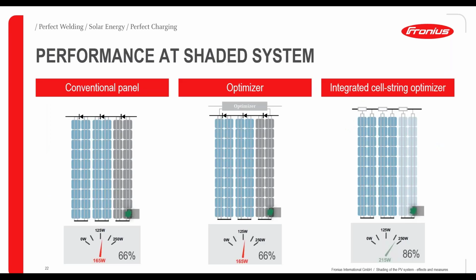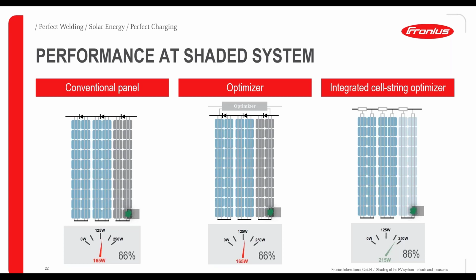Yeah, and I quickly want to also take it in comparison now for you. We have here 3 systems, and we now want to check the performance at shading. So on the left-hand side, we start with the conventional panel, 3 bypass diodes integrated. We have a leaf on the bottom right corner here, shading 1 cell, which would lead to 1/3 yield loss of this module. So we wouldn't get out 250 watt, only 165. So only 66%.